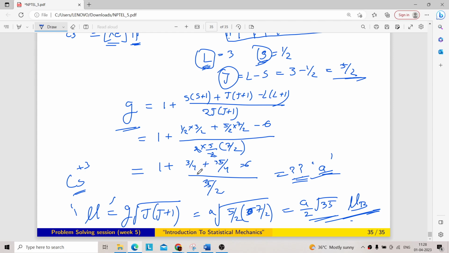I am not calculating this. It's very tedious. You can calculate this g value. I am just taking this as A. It will be some number. As I am not calculating, I am just taking it to be A. You calculate this and put this, and you will get the exact mu value. Right? You understood the process, right?